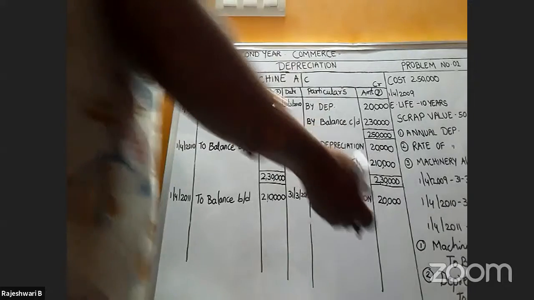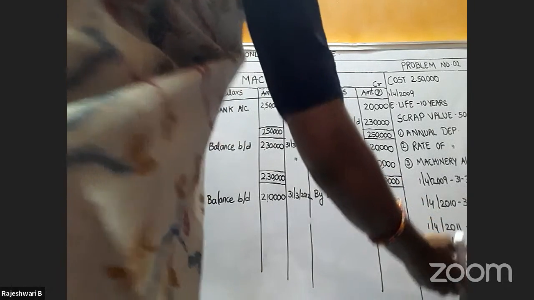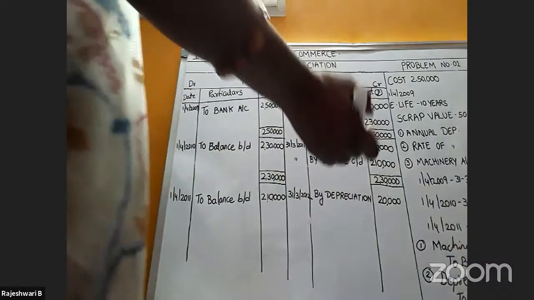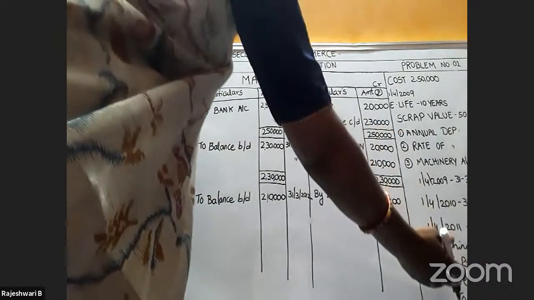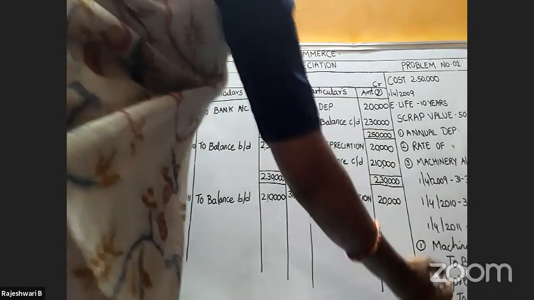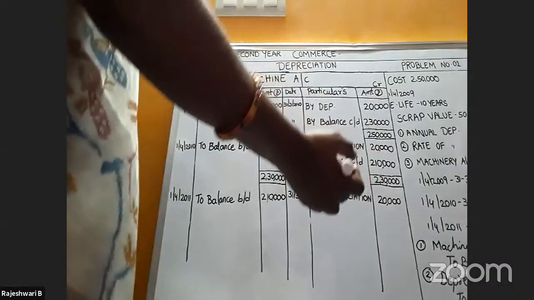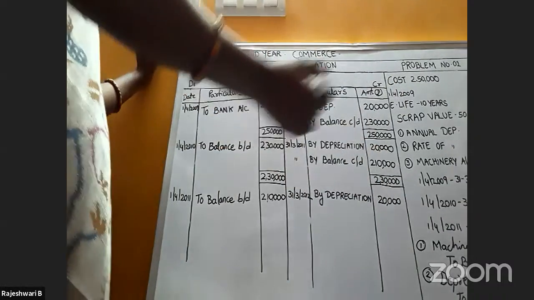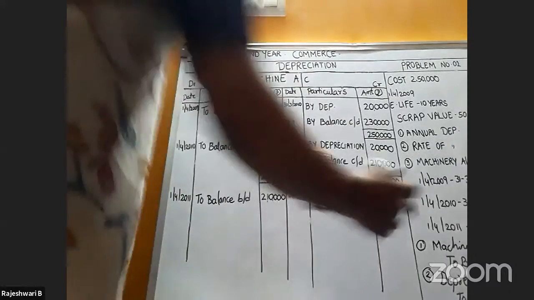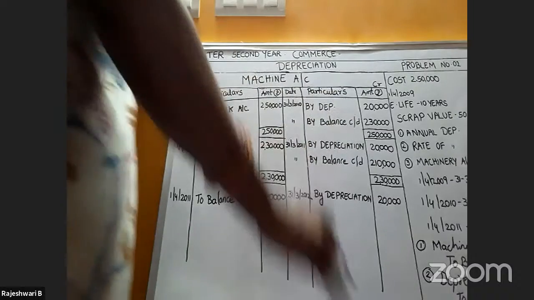As per nominal account, debit all losses and expenditure, and credit all incomes and gains. Depreciation is a loss. So we debited it, and the machine account should be credited.